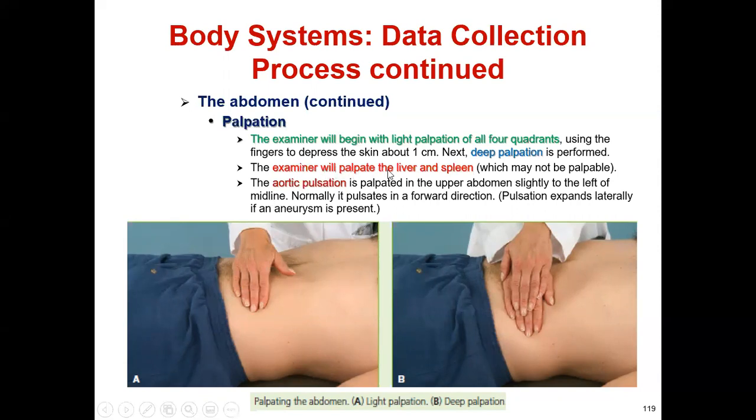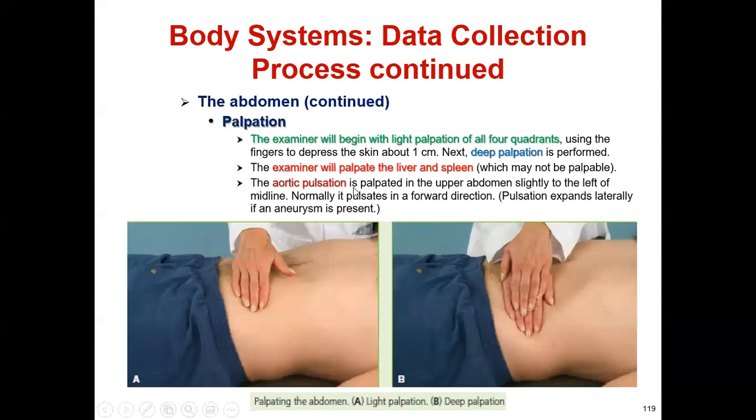The examiner will palpate the liver and spleen, which may not be palpable in a healthy, normal individual. In case of aortic pulsation, if the patient has an abdominal aneurysm, we can find aortic pulsation palpable.